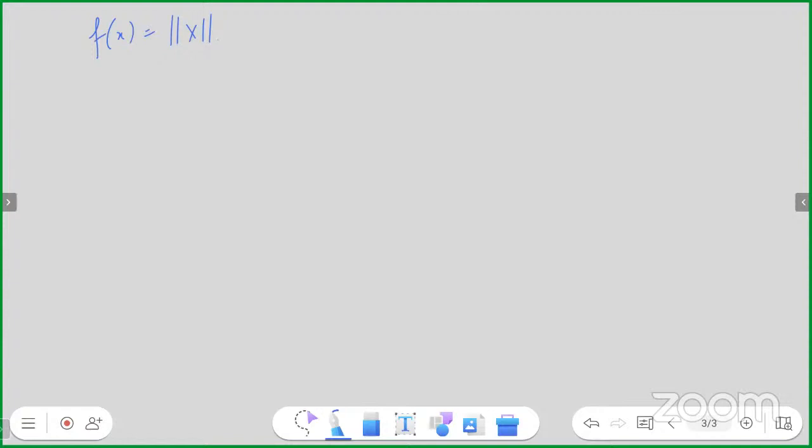Yeah. Every x, the same value. It's linear. But what is that value?